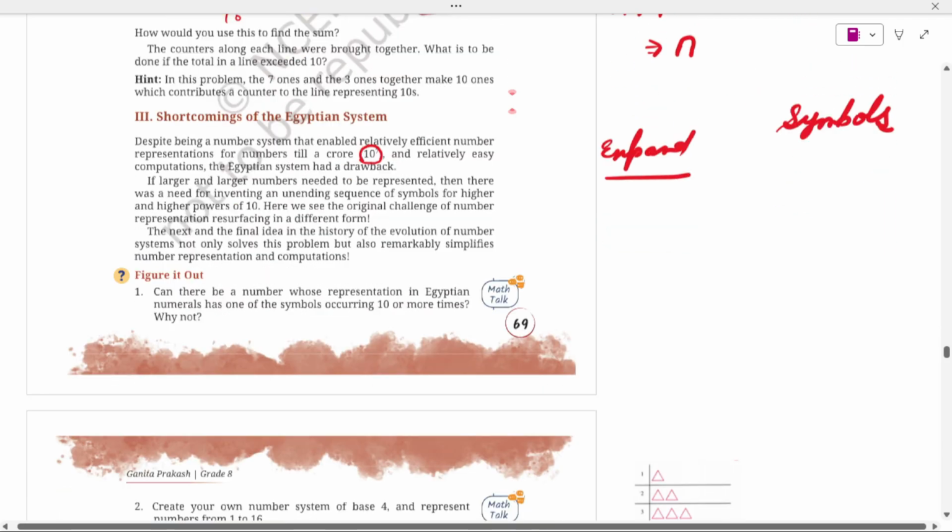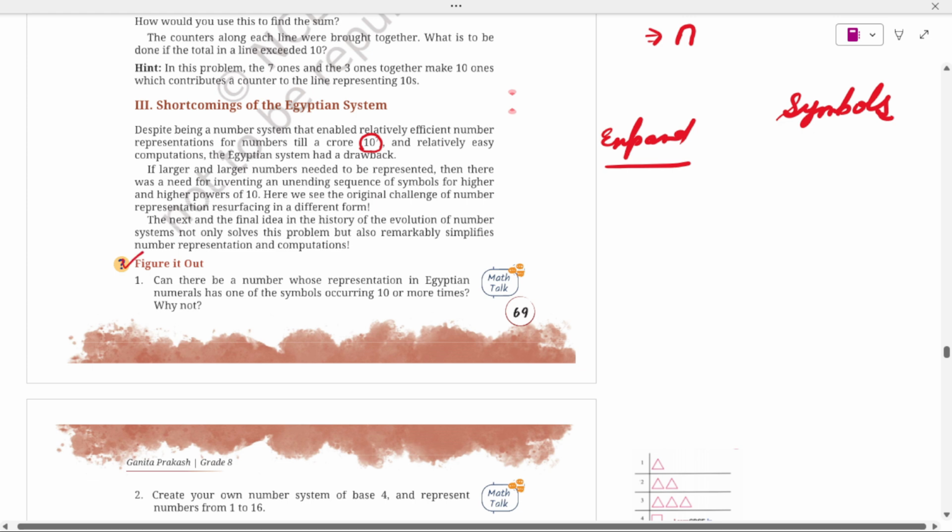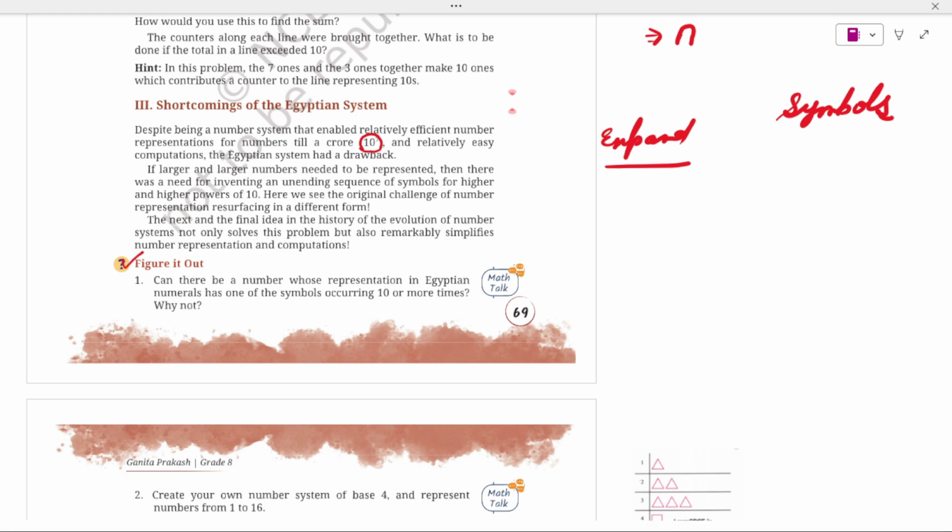So moving to the figure it out now. Can there be a number whose representation in Egyptian numerals has one of the symbols occurring 10 or more times? Why not? There cannot be a number whose representation in the system will have a symbol occurring more than 10 times.